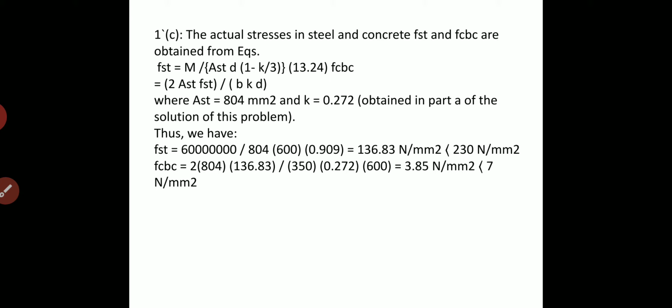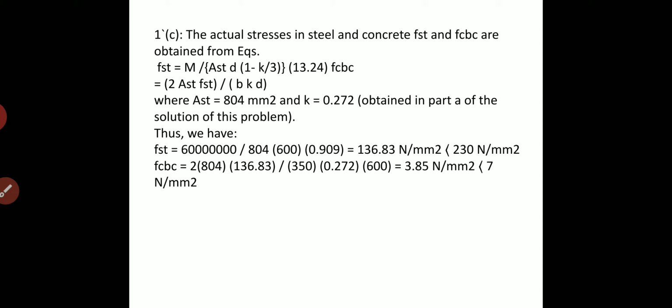For fst, the equation is M upon Ast into d (1 minus k by 3), and the equation for fcbc is equal to 2 Ast into fst divided by bkd, where Ast equals 804 mm square and k equals 0.272. These values are put in these equations for fst and fcbc.